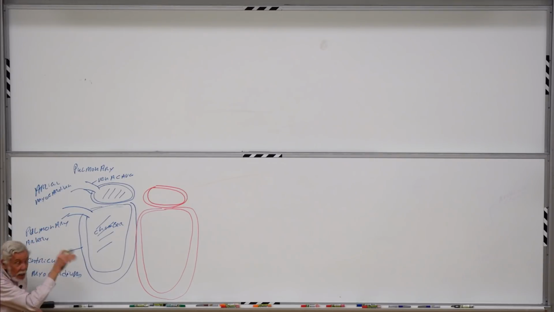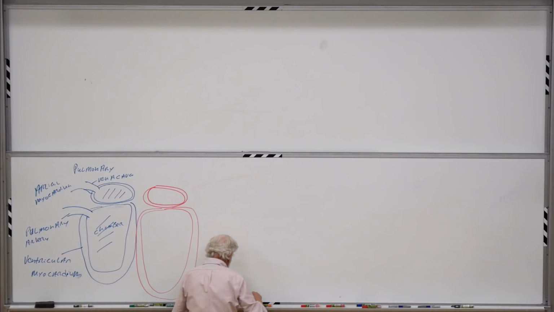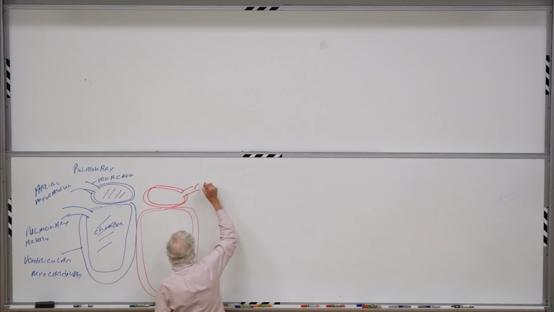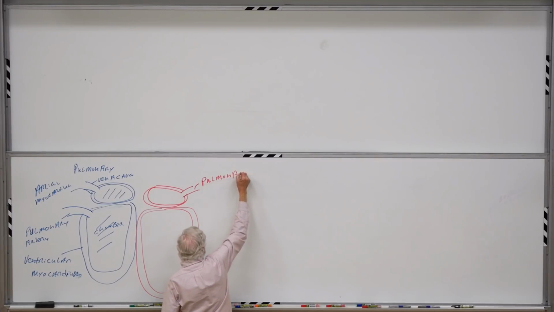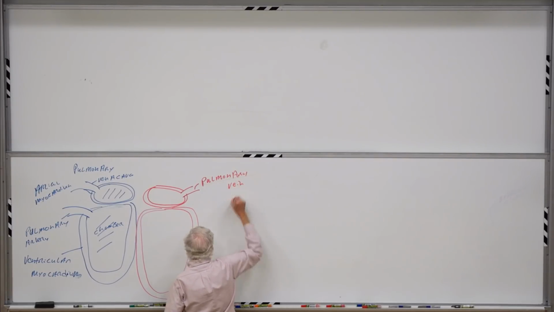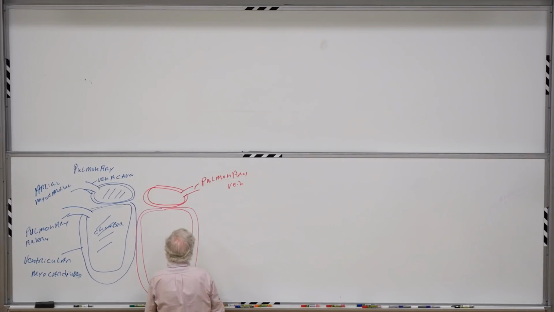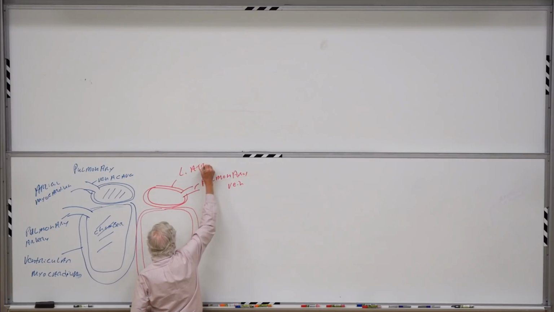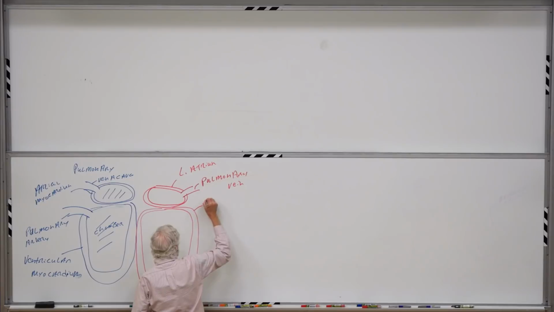Again, the convention is that carrying blood away from the heart is the pulmonary artery. The blood is then brought back into the left atrium through the pulmonary vein. And so this is the left atrium and the left ventricle.